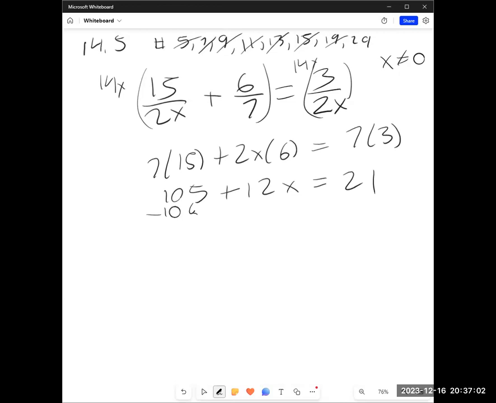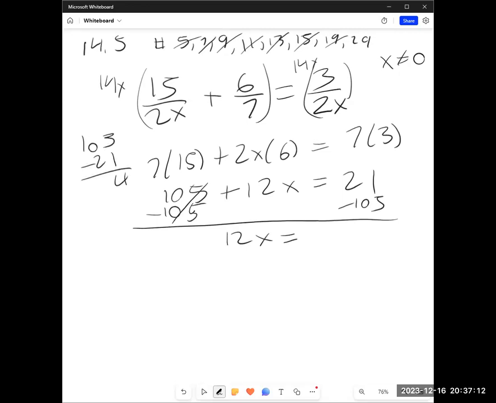Minus 105, minus 105. 12x is equal to negative 84. x is equal to negative 7. And that should work. Yep, that's right.